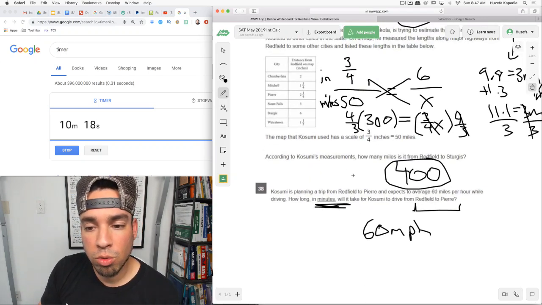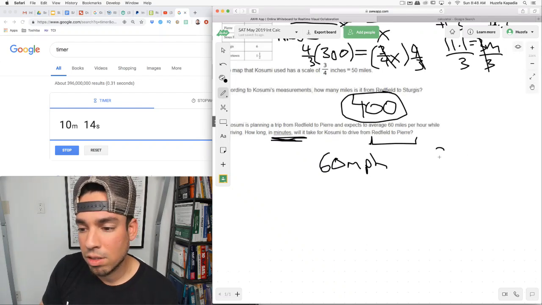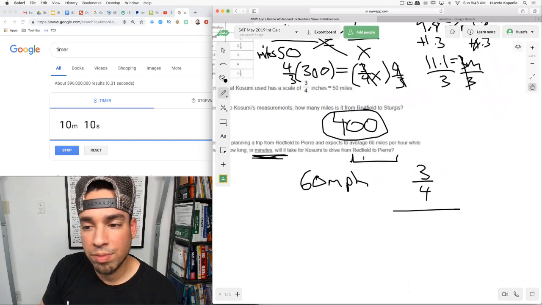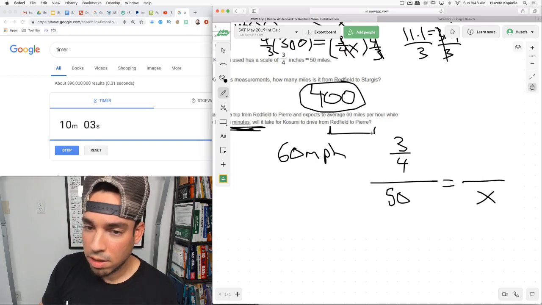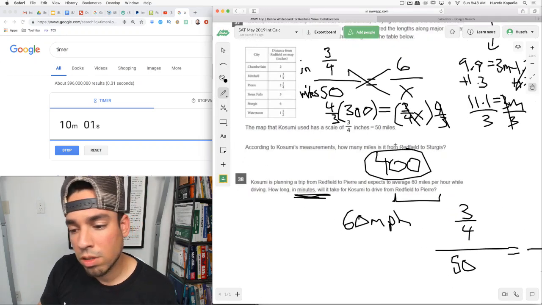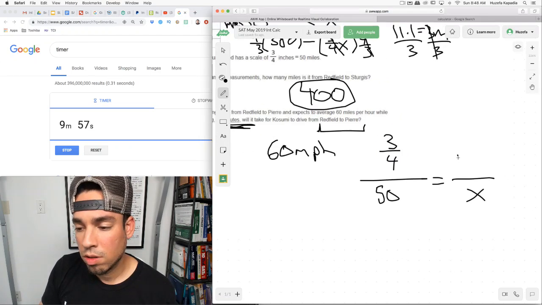First of all, it's 2 1/4 inches, so we need to use that ratio to calculate the miles he's got to go. So again, it's 3/4 to 50 equals, we know we're trying to get the miles again. Where is he going? To Pierre, 2 1/4. 2.25. Let's not even have a fraction. All right, let's cross multiply.